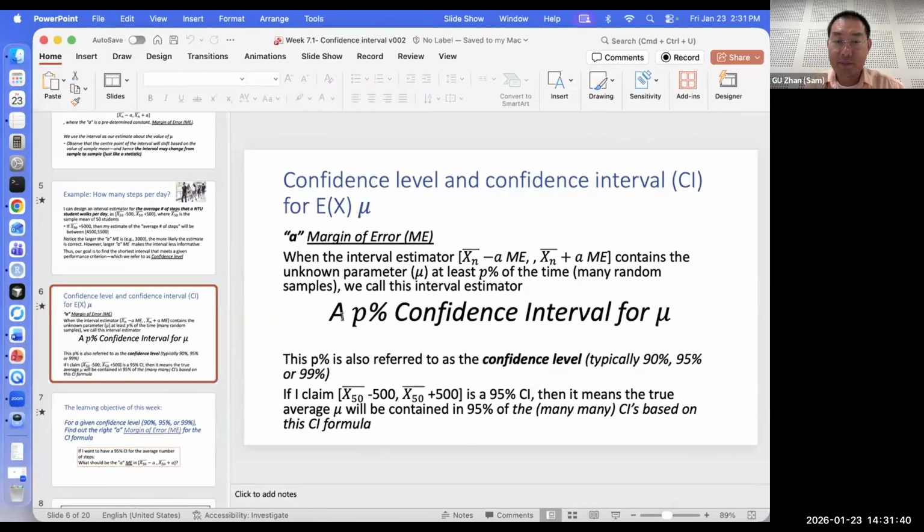Okay, P% confidence interval. So assuming we have a lot of samples being collected, and for each sample we can construct one confidence interval. Then out of so many confidence intervals, P percent of those confidence intervals actually contain the mu value in the range. Okay.